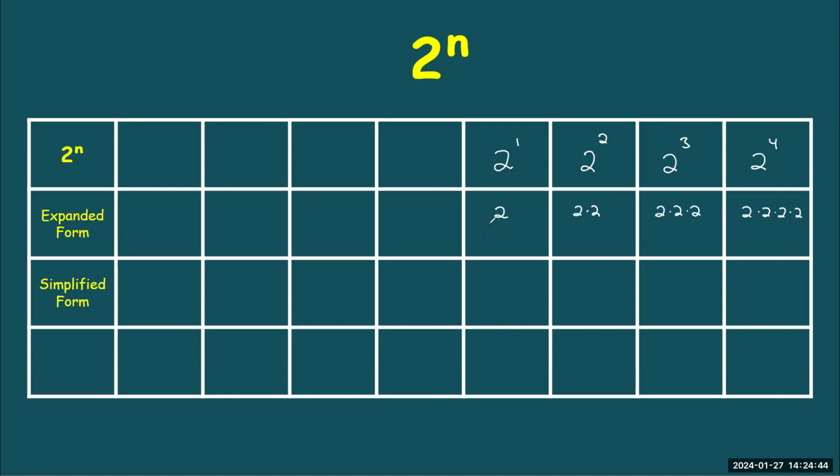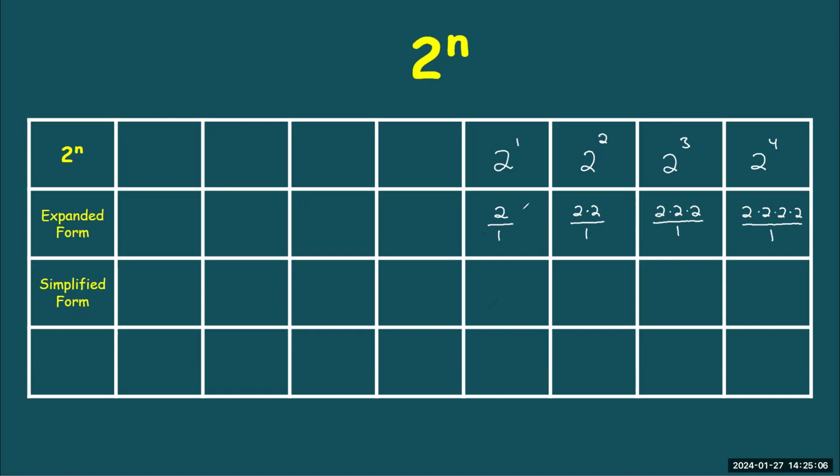What we're going to do right now is take all of our expanded forms and convert them into fractions by placing them over a denominator of 1. It might look like an extra step now, but it's going to help us identify patterns to predict future outcomes once we start looking at negative exponents.